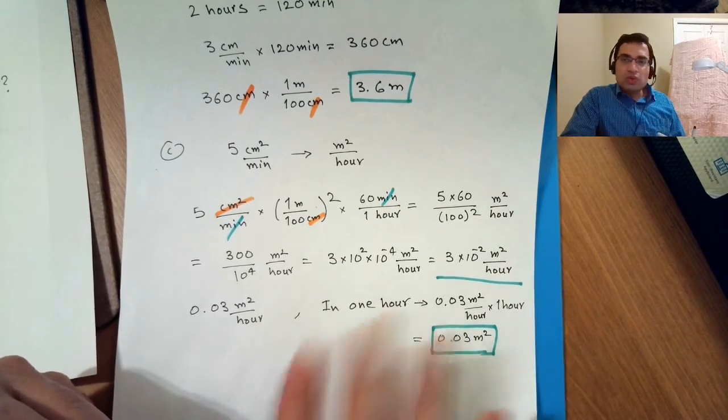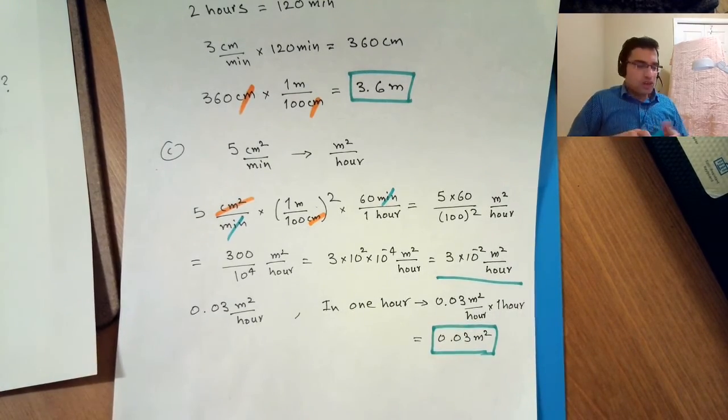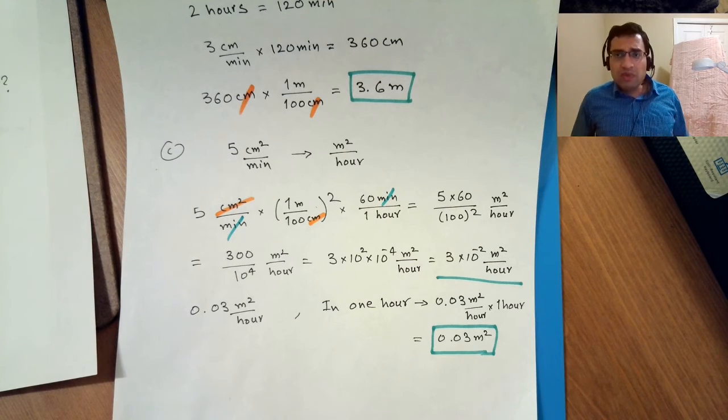Okay, so you also learned, apart from converting units, you also learned how to relate some of these quantities with each other. Okay, so I hope this was all helpful.